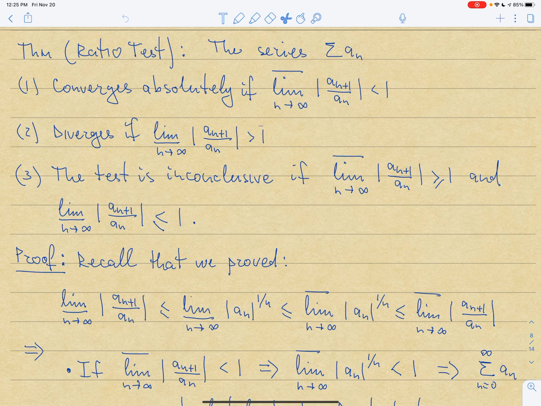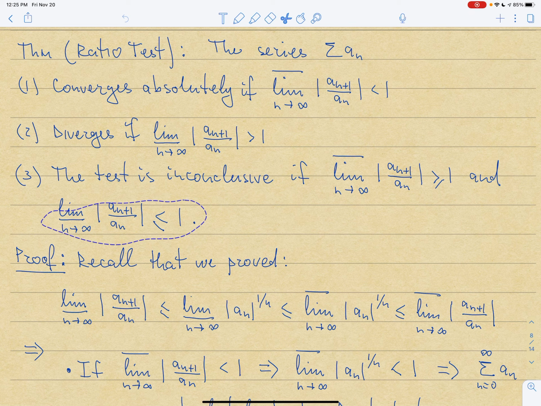If lim inf of the same quantity is bigger than 1, then the series is going to diverge, or not converge. And in the only remaining case, when lim sup is greater or equal to 1 and lim inf is less or equal to 1, then the test is going to be inconclusive.